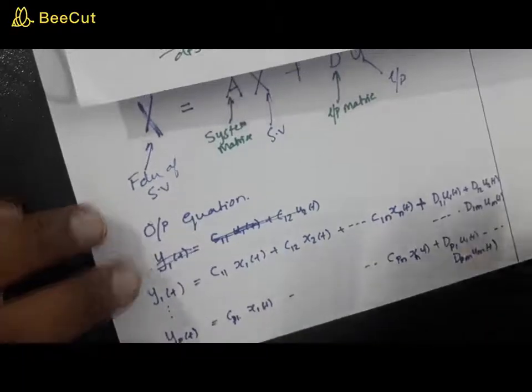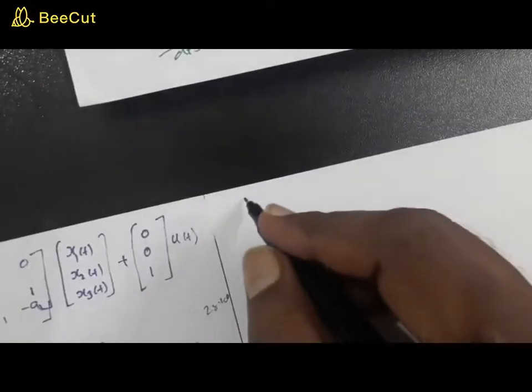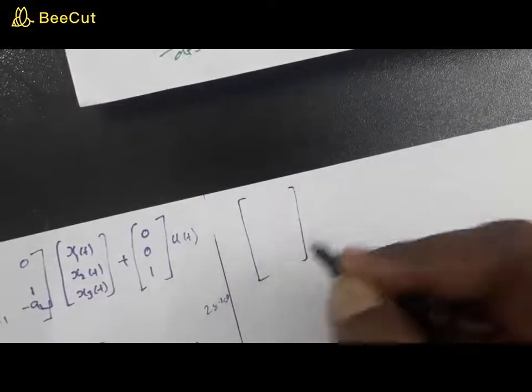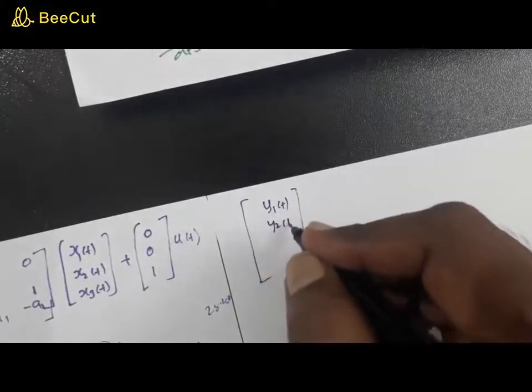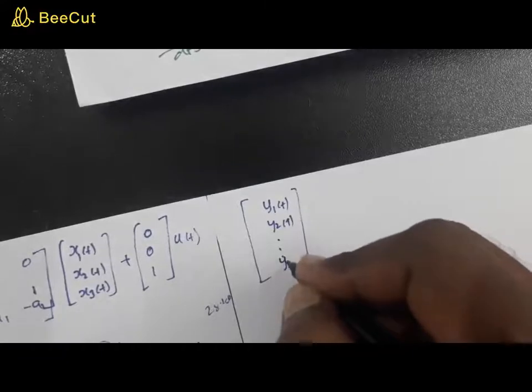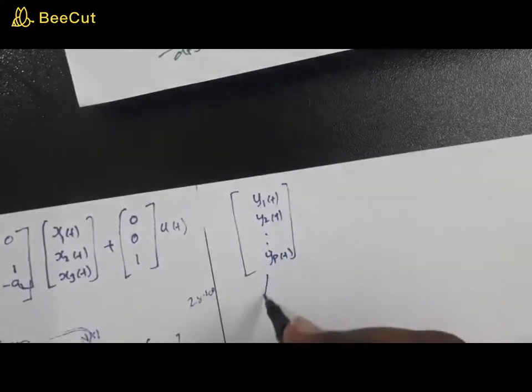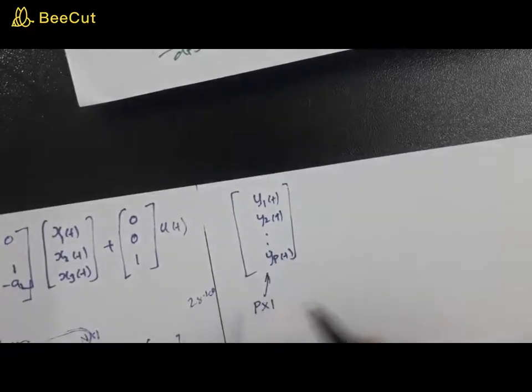So from this you can have a general expression like this, a matrix y1 of t, y2 of t, etc., up to yp of t, which results in a p into 1 matrix.